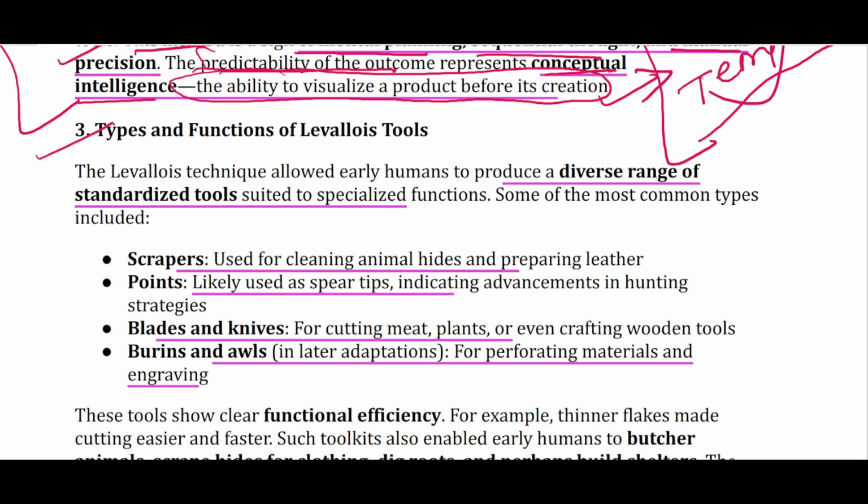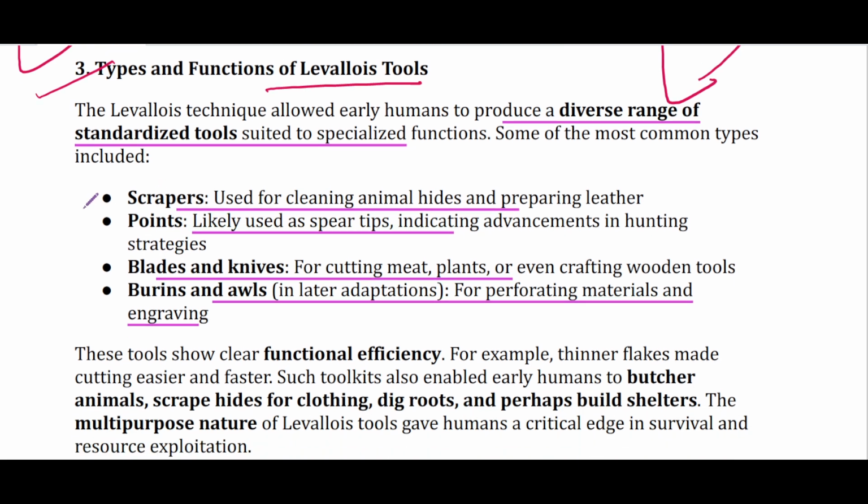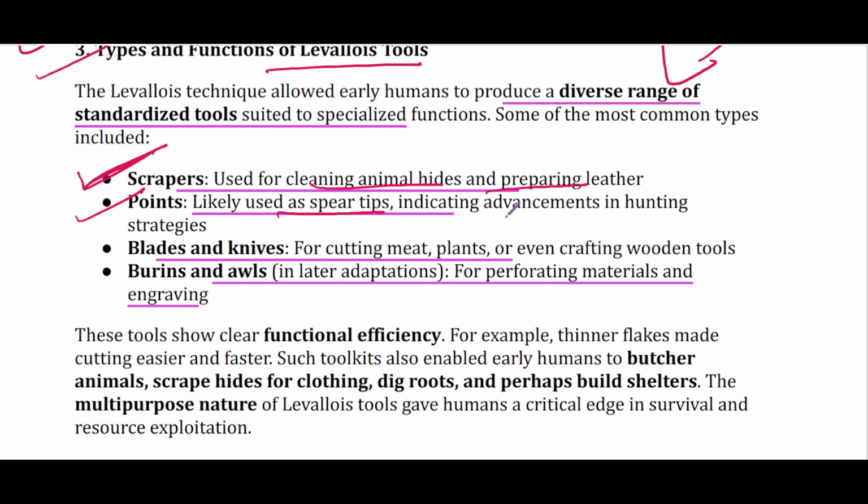Now the function of Levallois tools. So first they were used as scrapers to scrape off unnecessary, unwanted things like cleaning hides and preparing leather. Then they might have been used as points. Points we use as spear tips, which might indicate advancement in hunting strategies.